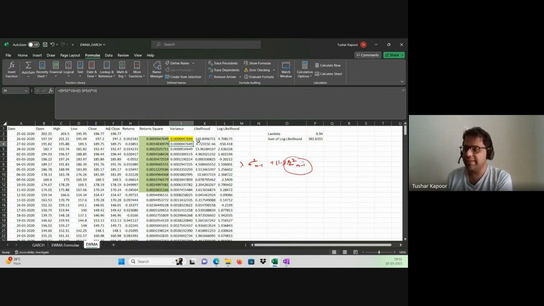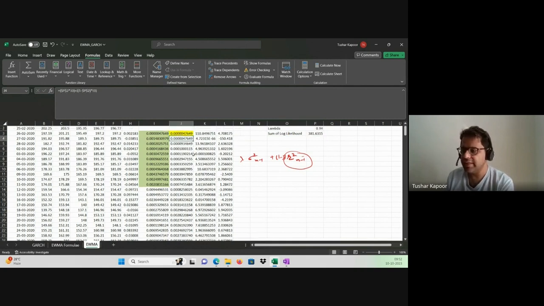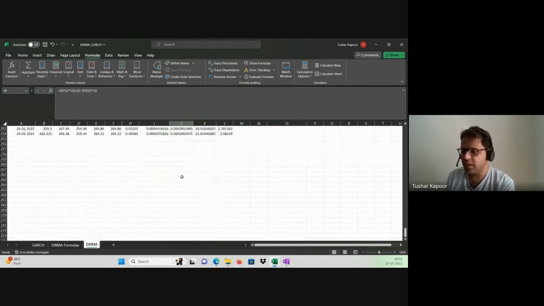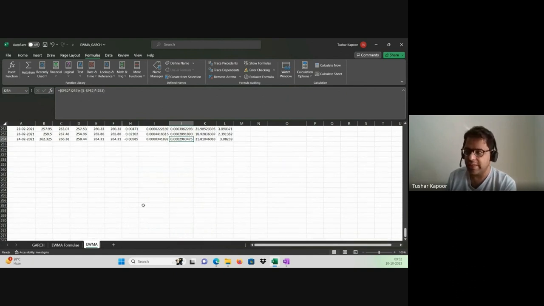So that is where you have your lambda and your sum of log likelihoods, which help you determine the variance there. Once you have your variance there, you can stretch it, pull it over here with the same kind of formula, and you will get your ultimate volatility here. So I can keep on increasing this data to whichever periods I want.